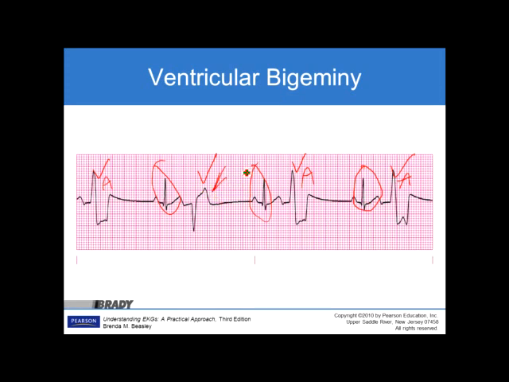This guy here came from a different spot. And every other beat is a PVC. So this would be sinus rhythm with multifocal ventricular bigeminy, because it's coming from more than one site.